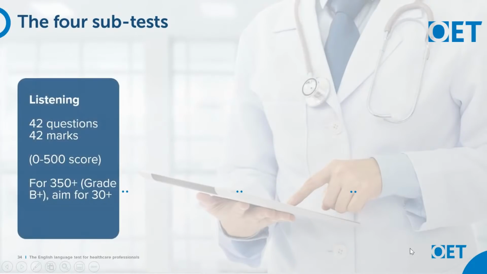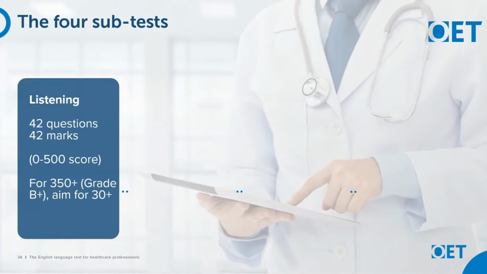So for instance, in listening, there are 42 questions and 42 marks. But as we saw in the video, some questions are weighted more than others. And these weightings, and of course the questions, are different in each test. So you can't accurately convert a raw score to a final score out of 500.